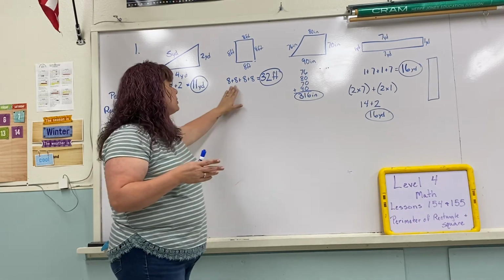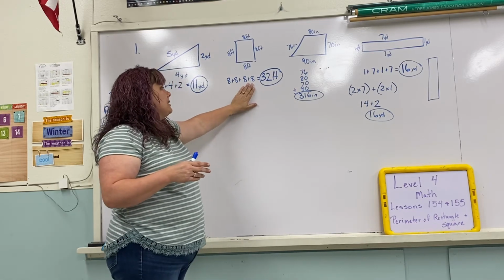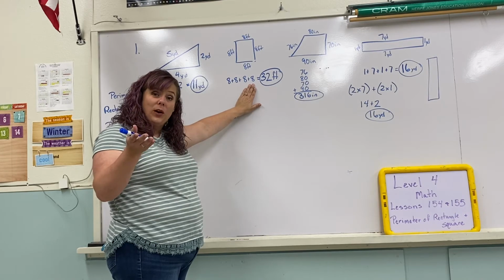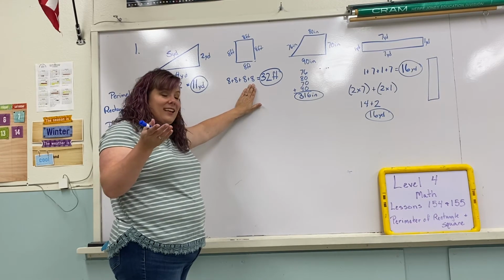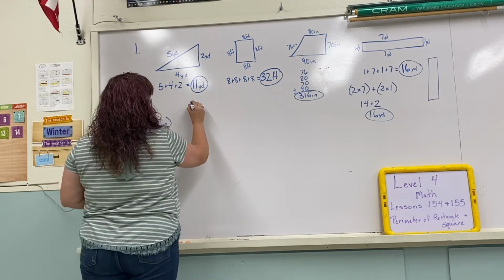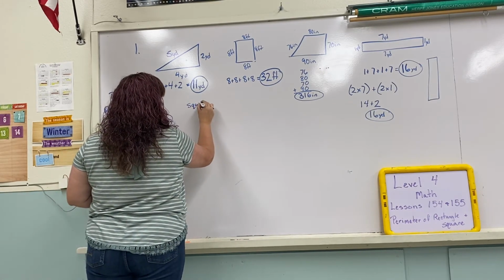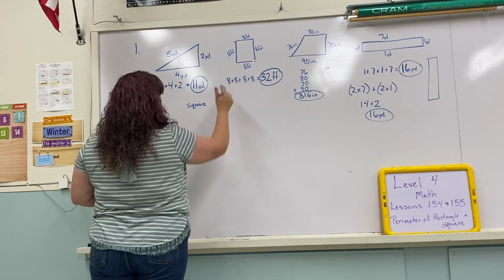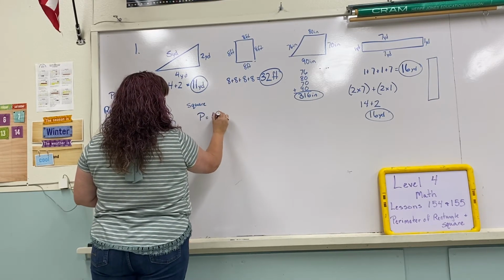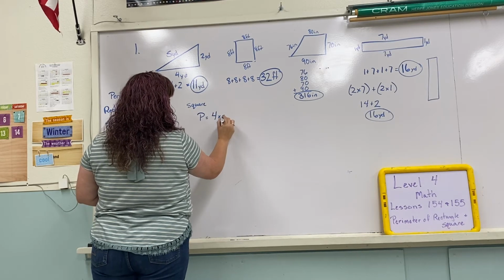Now, do you remember when we were solving this, and I said 8 plus 8 plus 8 plus 8, it's like 8 times 4, right? So for a square, you could take the time and add all the sides, or you could use the formula for a square, which is 4 times side.